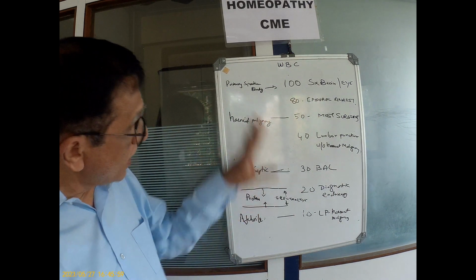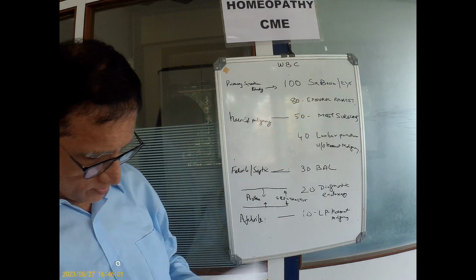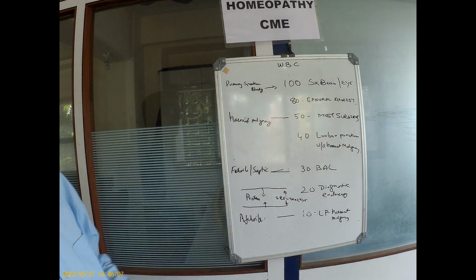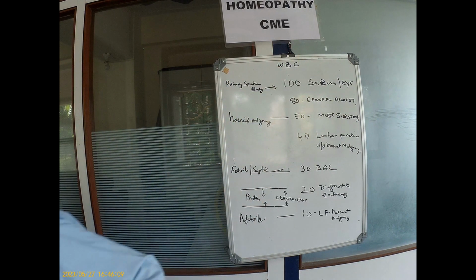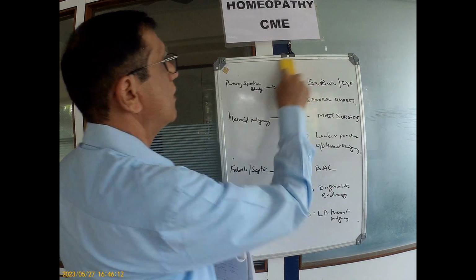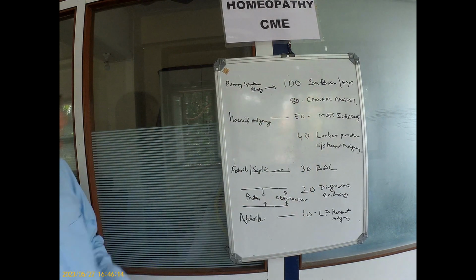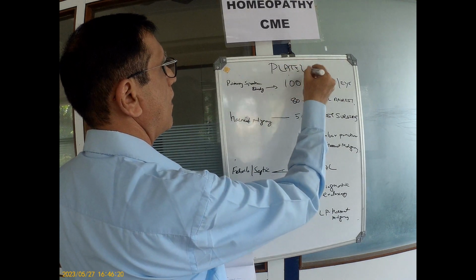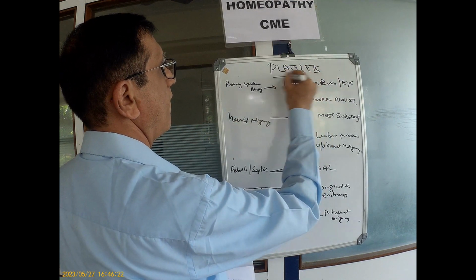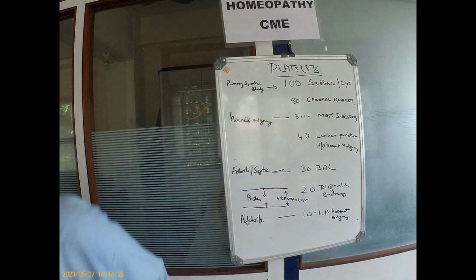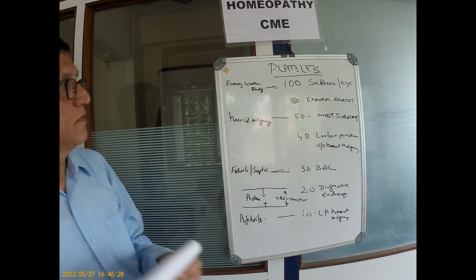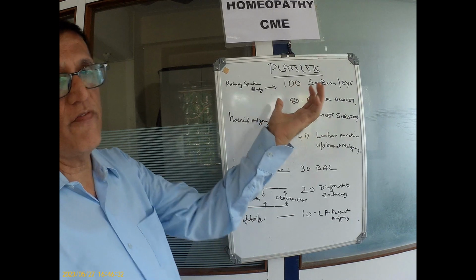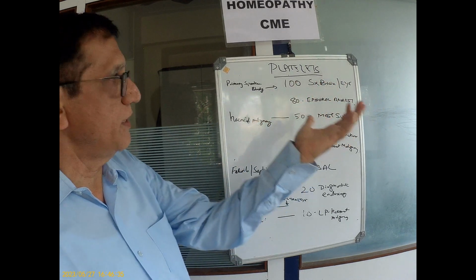So now one last chart before we wind up for the day. This is the platelets. I said 1.5 to 4.5 is the normal range, so this would become 1.